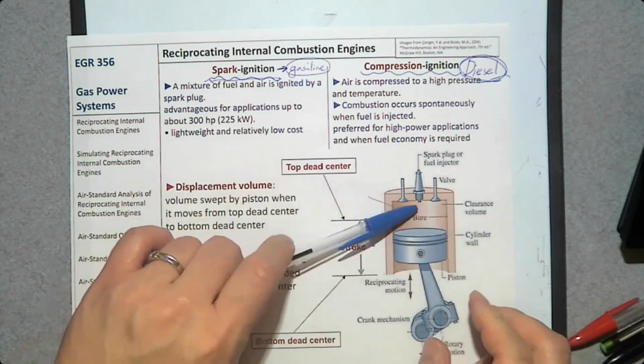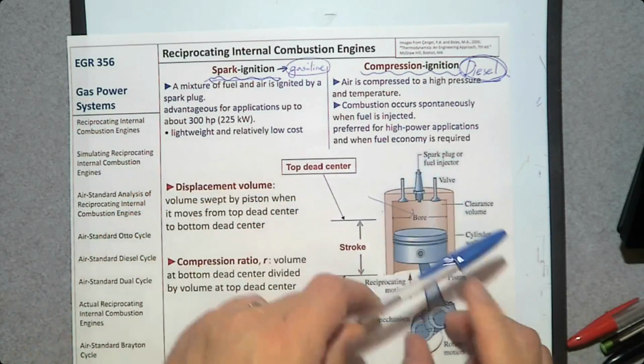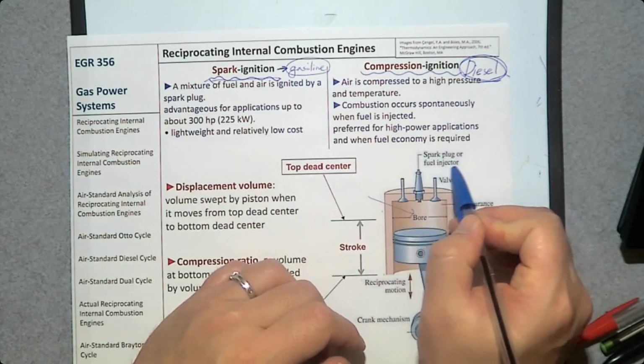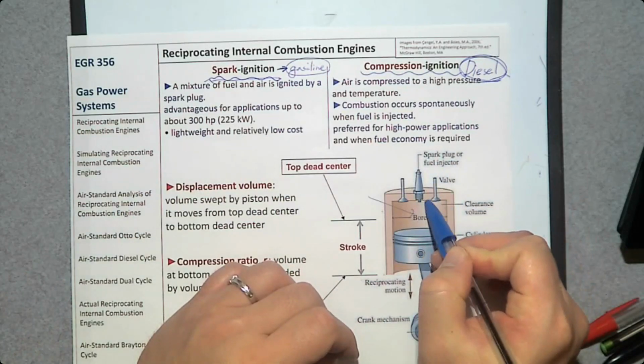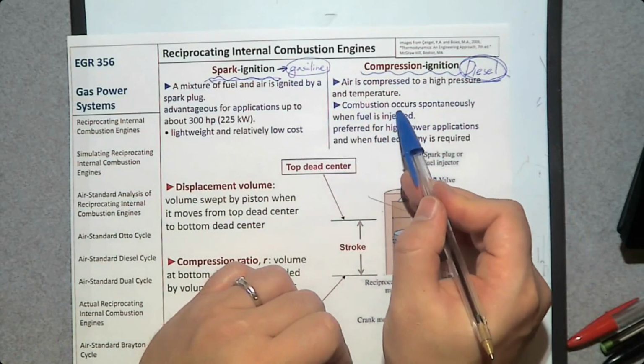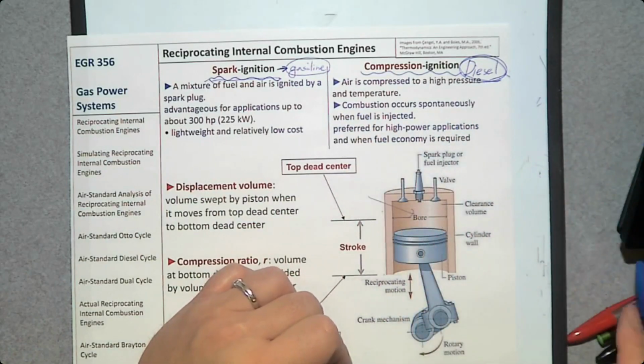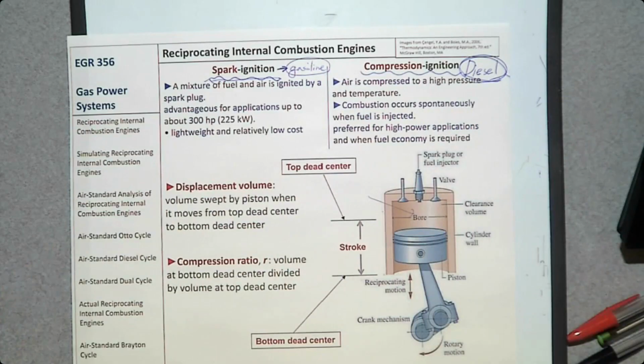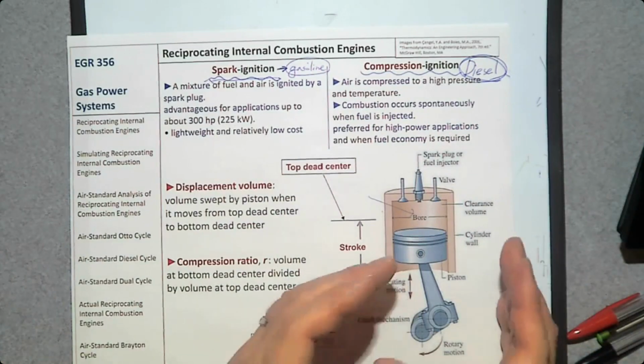And at this time, the fuel is going to be injected. And because of the high pressure and high temperature, combustion occurs spontaneously when the fuel is injected. So there's no spark plug in a diesel engine.